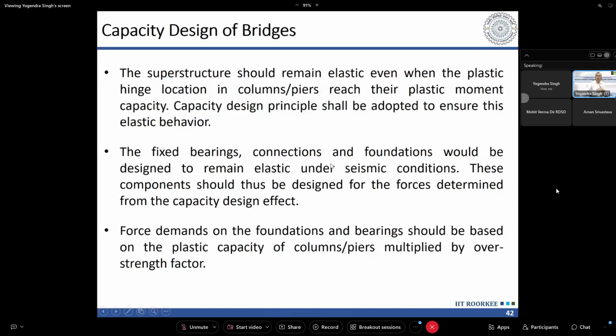To take into account the unforeseen things and some of the foreseen things also, we consider design forces in the bearings and connections higher than the pier. Similarly, the force demand on the foundation and bearing should be based on the plastic capacity of the pier. So we will first provide reinforcement in the pier, then calculate the provided capacity, and that provided capacity we will use for design of bearings and others.